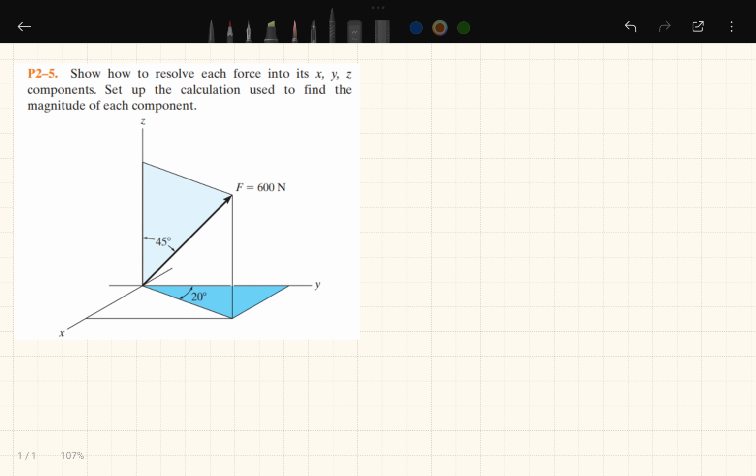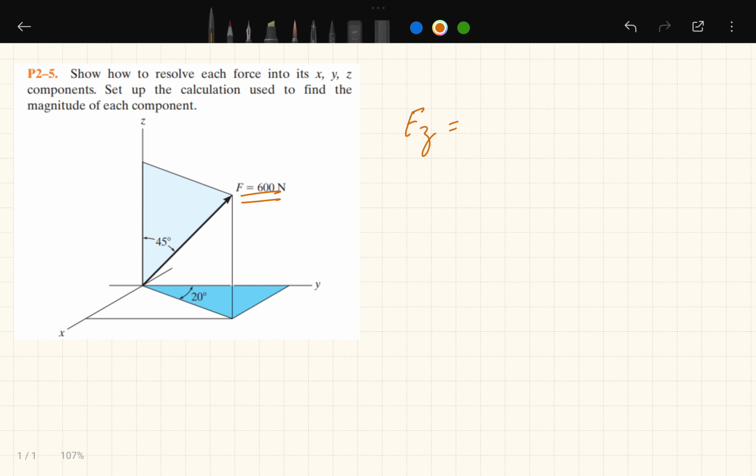And it says to show how to resolve each force into x, y, and z components. Set up the calculations used to find out the magnitude of each component. Okay, because your angle with the z component is directly given, which is 45 degrees, you can simply find out the Fz, or the z component, by using cos theta.